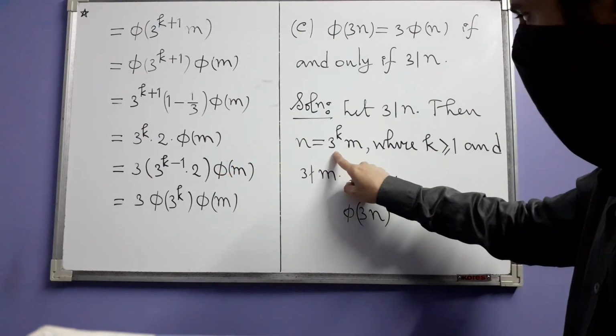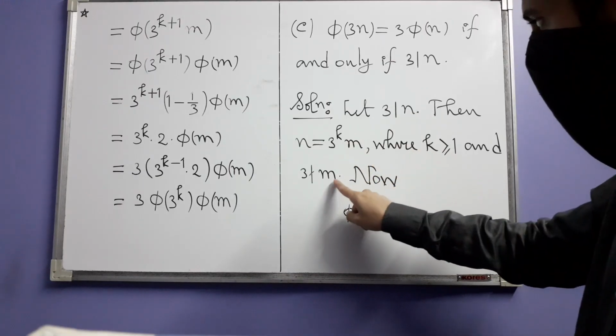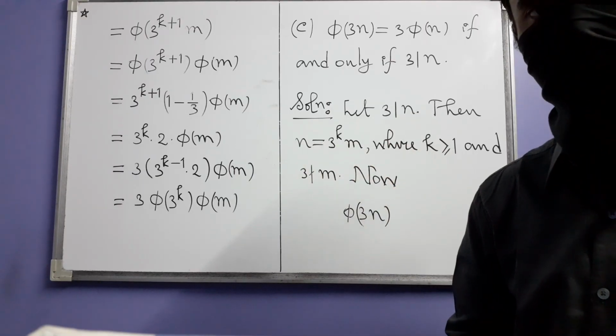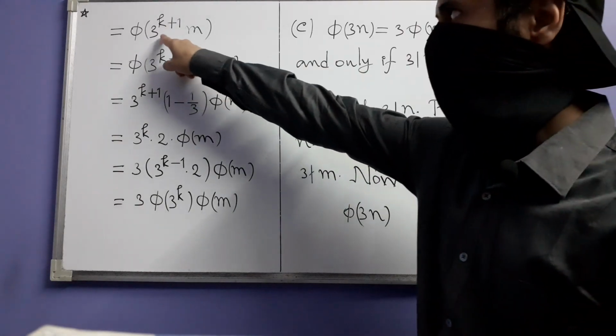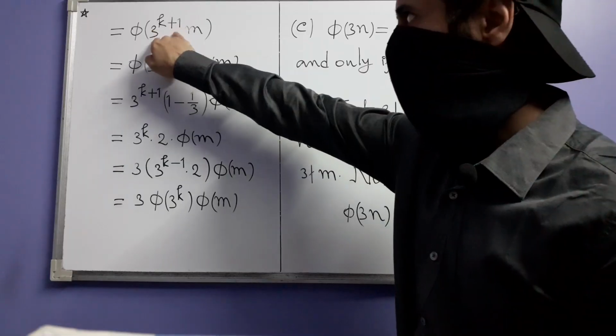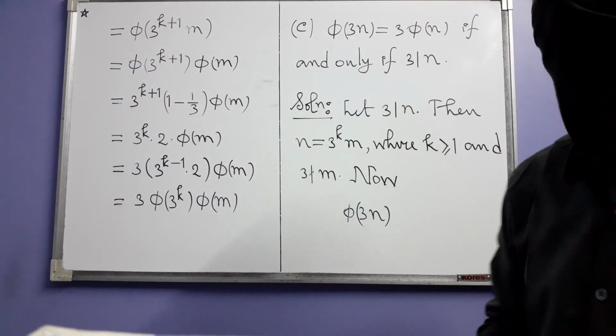So n has this part 3 to the power k times m, where k is positive and m is not divisible by 3. So then we consider phi of 3n. 3n becomes this, and these are relatively prime because 3 does not divide m.